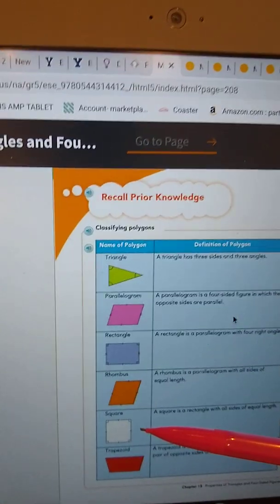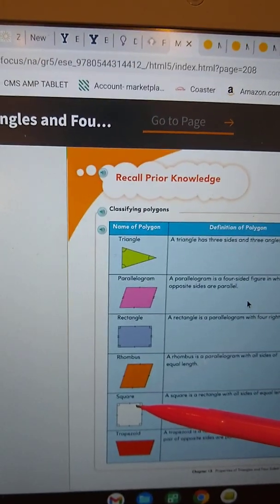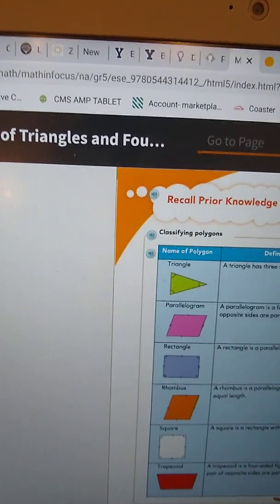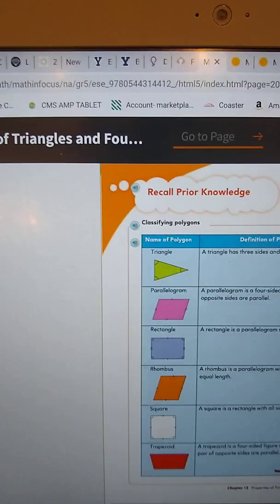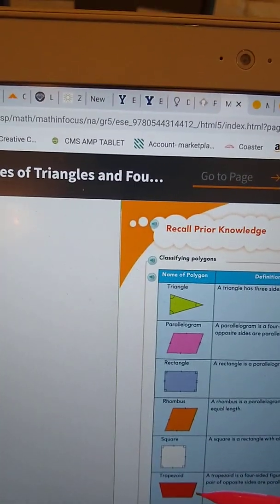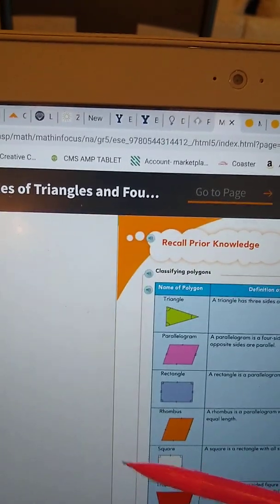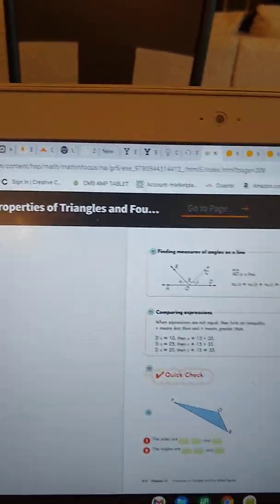And then a square is a rectangle with all sides equal, and if you look really close, you've got right angles there, so that's really important to see. And then the last one is a trapezoid. Trapezoids are just 4-sided shapes where one pair of the sides is parallel. You can see these sides would go in different directions and they wouldn't be parallel. Okay, so those are just really important things to see and to understand as we go along.